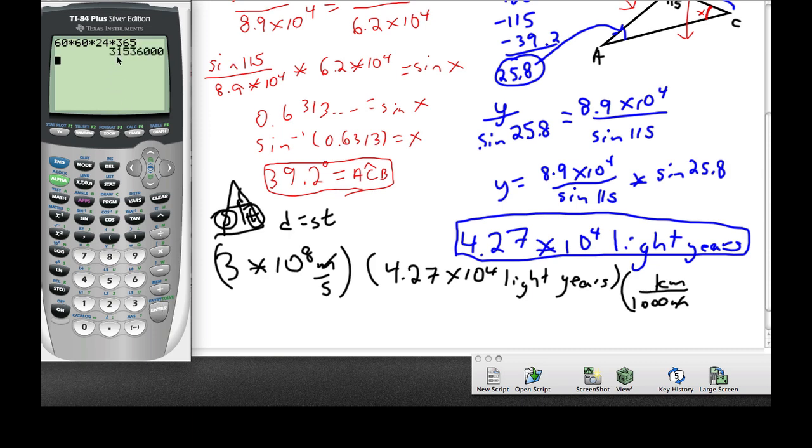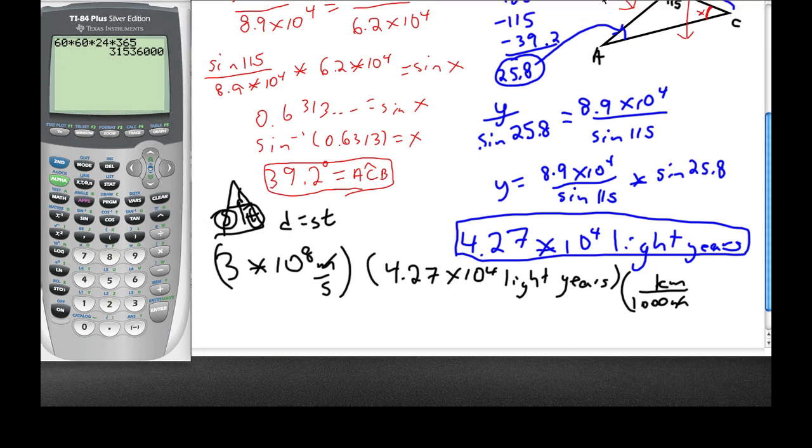Therefore, there are a lot of seconds in a year. So this is seconds per year. So this number, I'm going to call it ans from the calculator, is in seconds per year. Okay, so years cancel, seconds cancel, and we're left with what we want.